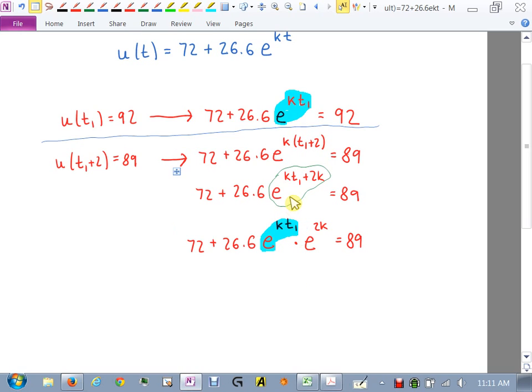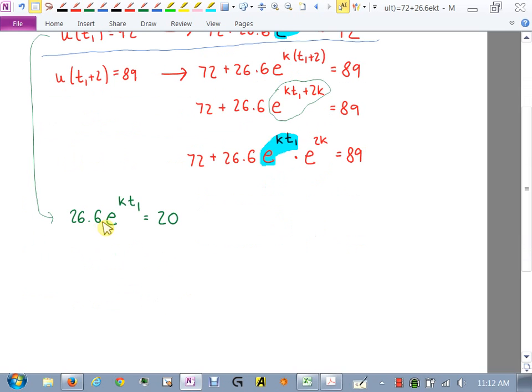I would like to take this first equation up here, and I'd like for us to solve it for e to the kt1. Like, try and get this by itself. So what would you do? Subtract 72 on both sides first, right? Subtract 72. When I do that, I get 26.6 e to the kt1 equals what? 20?